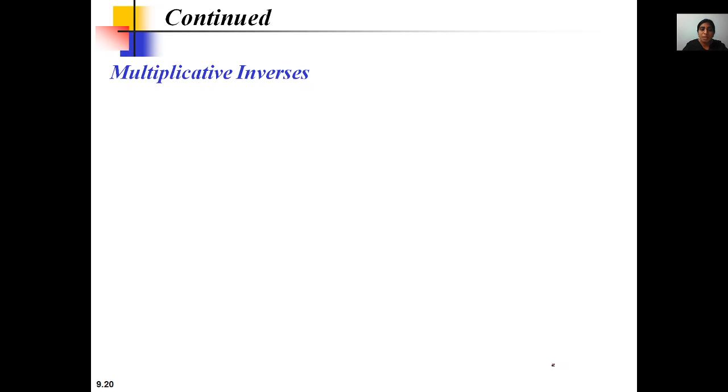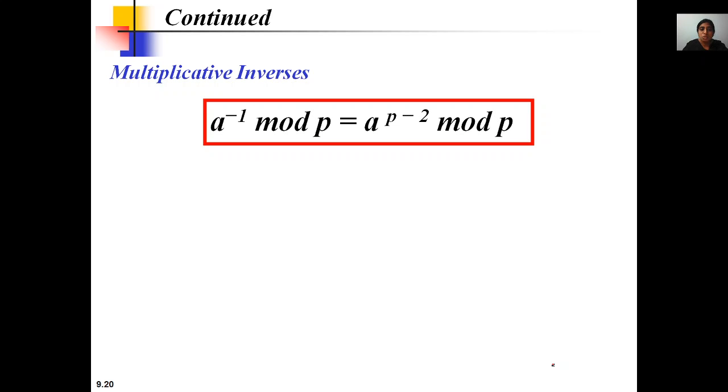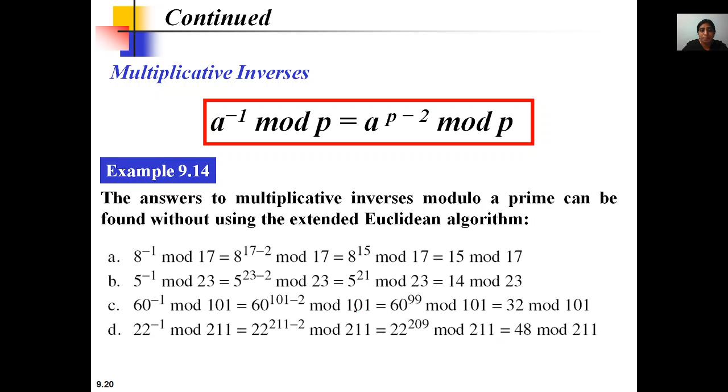Then coming to the multiplicative inverses, you can represent the formula as a inverse mod p is equal to a power p minus 2 mod p. Taking an example, without using the extended Euclidean algorithm, you can directly find the multiplicative inverses.